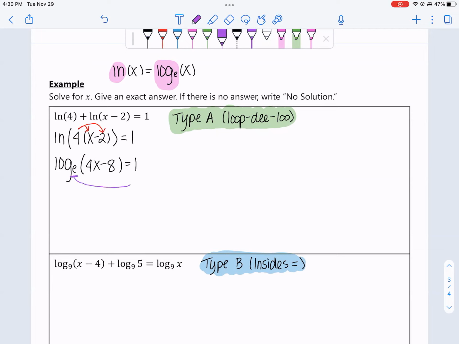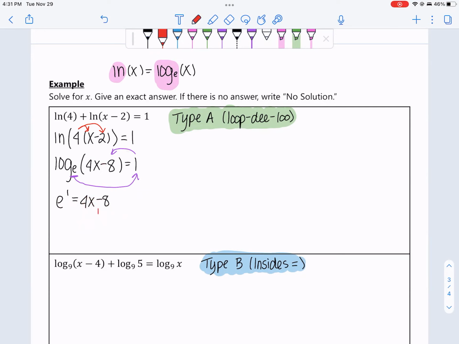Time for our loop-de-loo. Start at the base, across the equals, back again. We have e raised to the first power equal to 4x minus 8. I am solving for x here. I'm really tempted to move the e to this other side because I like my x's on my left, but I also don't want to confuse anyone because the loop-de-loo happened.